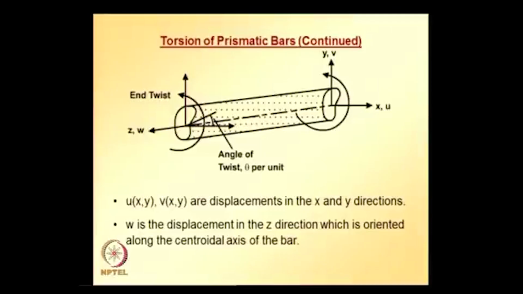The x, y and z axes are clearly marked in the figure, and w is the displacement in z direction, which is oriented along the centroidal axis of the bar. For deriving the governing equations, linear elastic behavior and small displacements are assumed.